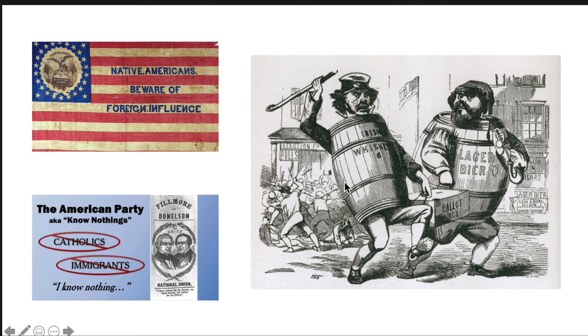They became known as the Know Nothings because of their secrecy. It was originally formed as a secret society. Freemasons could have been members of the American Party, as Freemasons are definitely anti-Catholic.